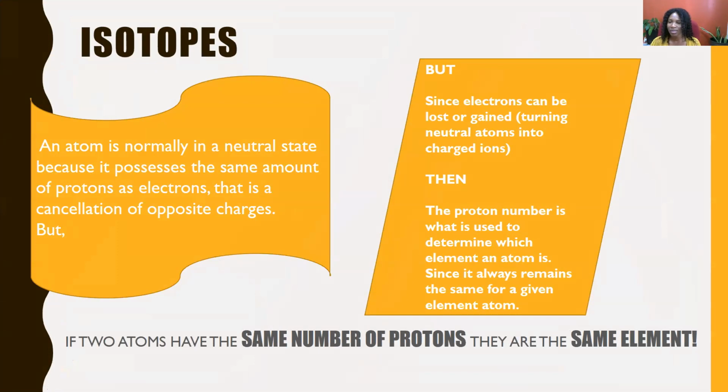Now, since electrons can be lost or gained, meaning if I rub a material against another one, electrons can be lost by friction, then the proton number is actually what we use to determine what an element is. So since it always remains the same for a given atom, then we must use the proton number instead of the electrons to determine what that element is. Now, if two atoms have the same number of protons, they are indeed the same element.